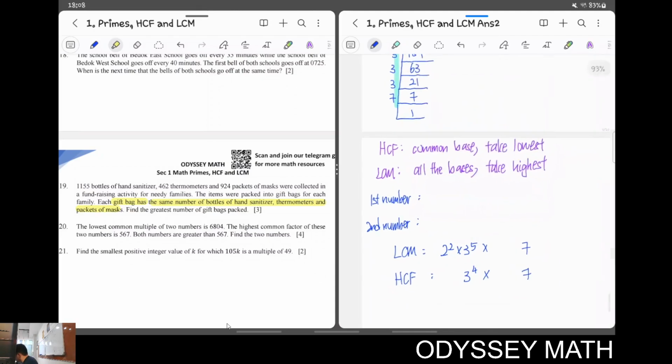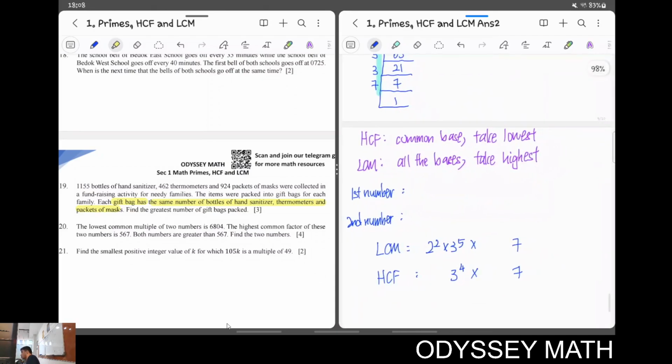So now we have to really do this. We have LCM here. Let's look at base 2. LCM has base 2, HCF doesn't have base 2. But LCM has 2 to the power of 2, right? HCF doesn't have anything, which means that one of the numbers must have 2 to the power of 2.